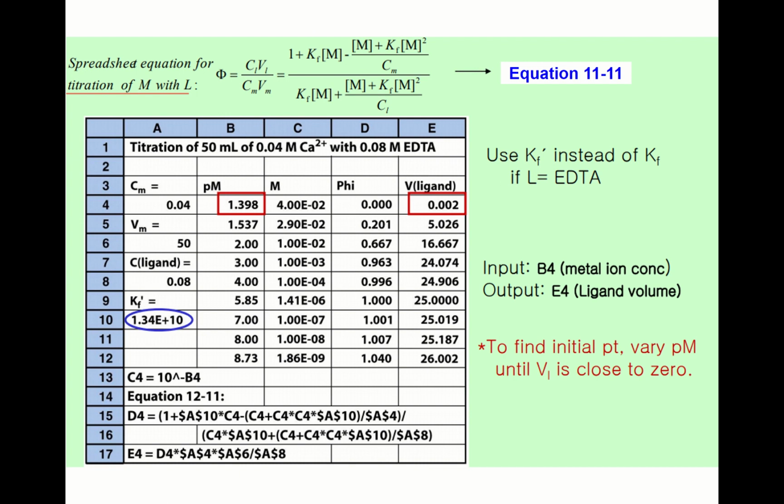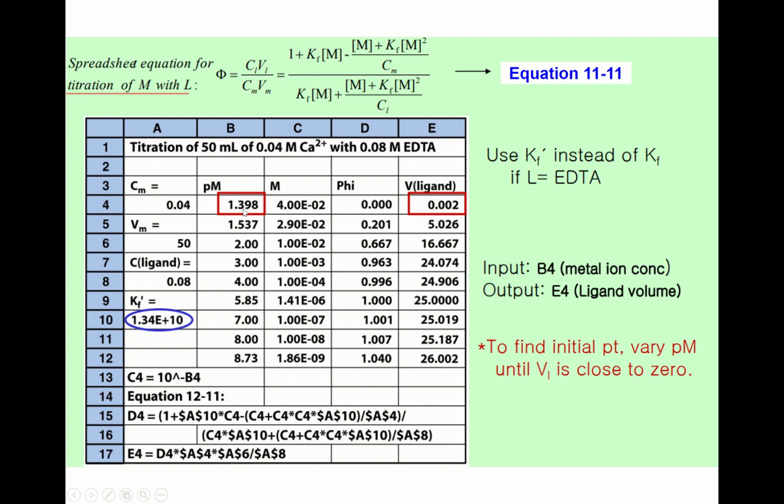Now you see, the way to get the entire titration curve is done this way. Instead of changing the ligand volume, we fix the metal ion concentration and then find the ligand volume needed to get that metal ion concentration. This way was already done in the acid-base titration case.